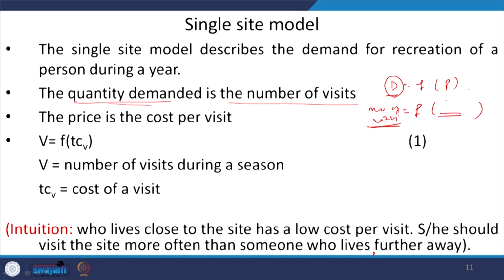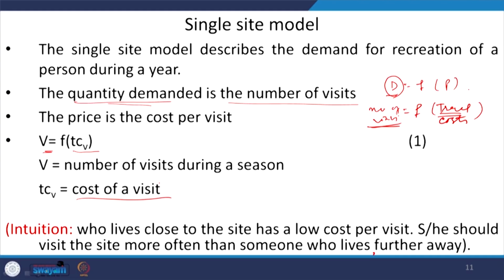It will be the travel cost the visitors would be incurring during their travel. Simply said, taking into account this price demand relationship, you can express this function as V equal to a function of TCV. That means the number of visits the visitor pays to this particular site depends upon the cost of this visit.